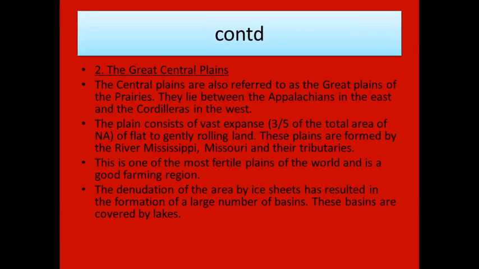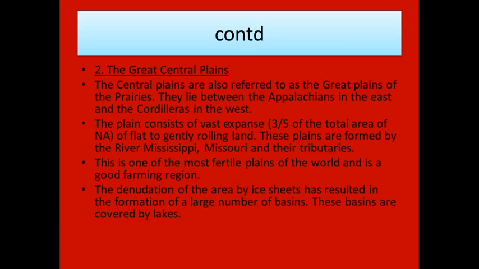Let me go to the second physical division, that is the Great Central Plains. The Central Plains are also referred to as the Great Plains or the Prairies. They lie between the Appalachians in the east and the Cordilleras in the west.